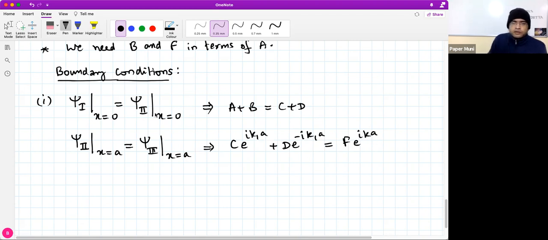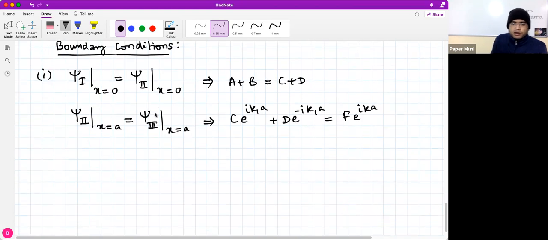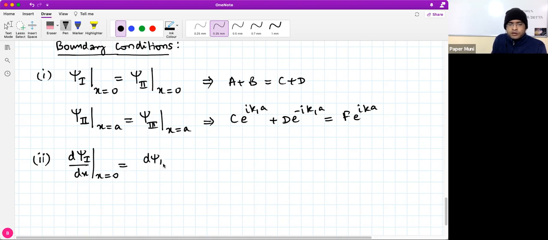All right, so this is what we have from this boundary condition. Now the next one: the potential here is finite, so the momentum will be continuous there. We want the first derivatives of the wave function in each region to be continuous at the boundaries. So this is psi 2.